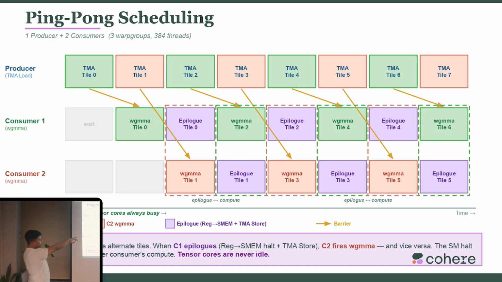Once consumer 1 is doing the epilogue, you can fire a WGMMA, and then you ping-pong between them. If consumer 1 is doing the epilogue, you are doing matrix multiplication, and if consumer 1 is doing WGMMA, you are doing the epilogue. The problem that ping-pong scheduling introduces is how you manage all these consumers, and you have to introduce barriers at the right places and everything.